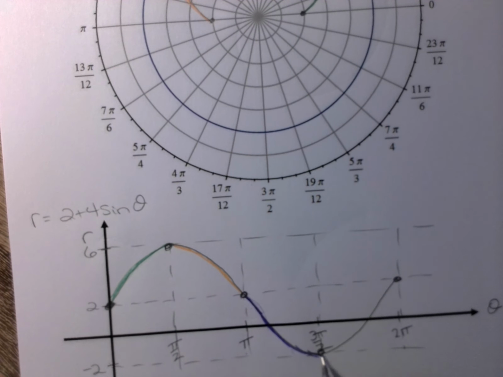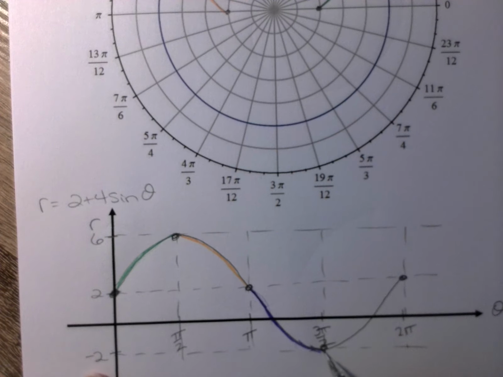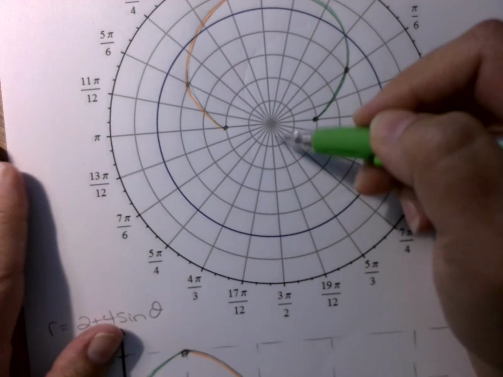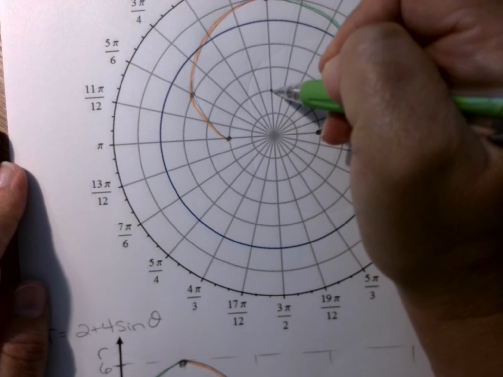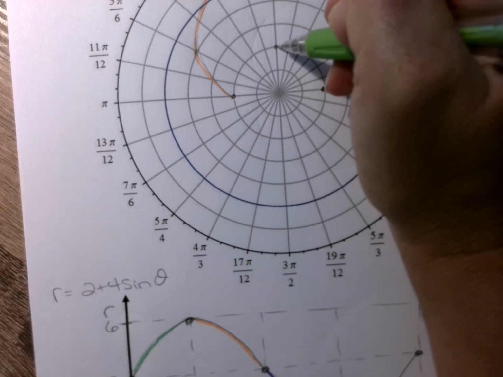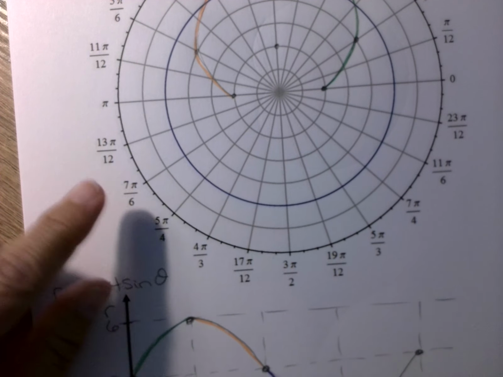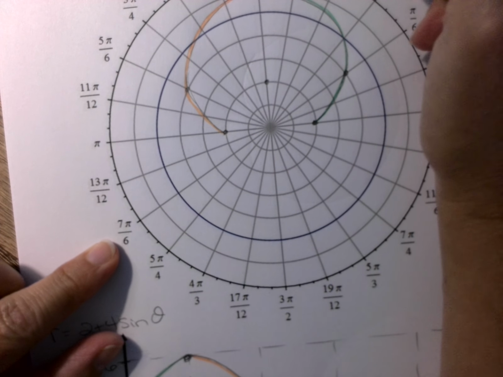I'm going to go ahead and plot this point. 3 pi over 2 is the theta, and the radius is negative 2. Here's my theta of 3 pi over 2. Radius of negative 2 is going to go up here. And then my convenient angle, 7 pi over 6.